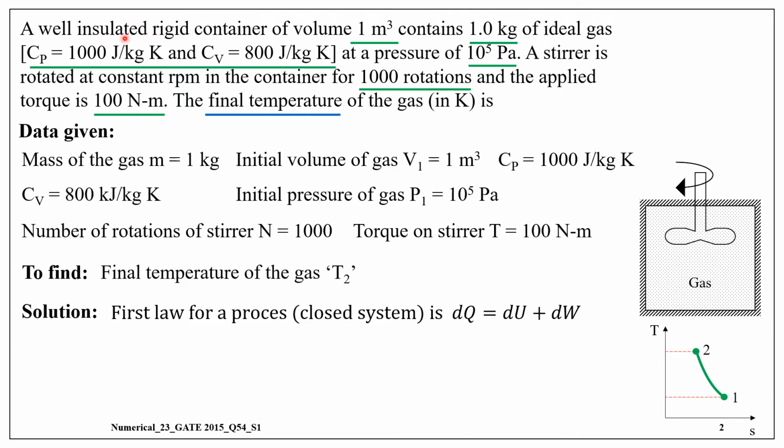The container is well insulated. The first line of the problem statement gives this, and this is the insulation. Since it is insulated, dq is 0. That gives du equal to minus dw.